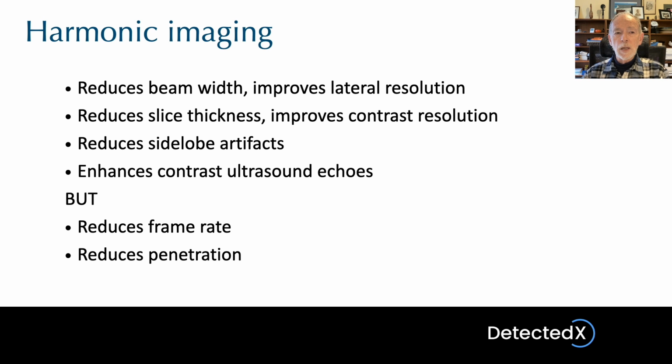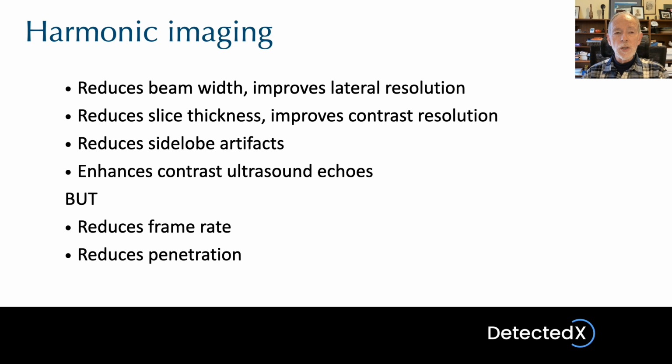Let me summarize about harmonic imaging. It effectively reduces the beam width and therefore improves lateral resolution. Note, by the way, that it doesn't improve axial resolution. It reduces slice thickness, as I explained a few minutes ago, and this is going to help to improve contrast resolution.